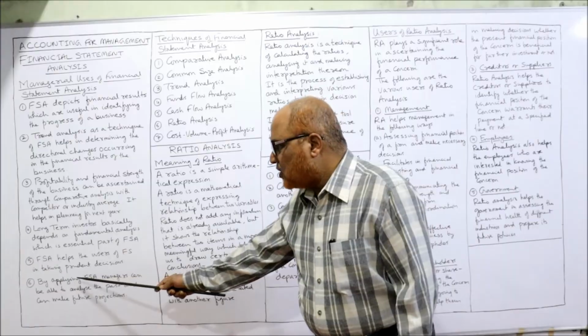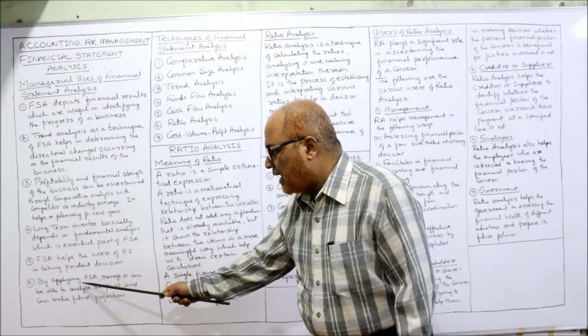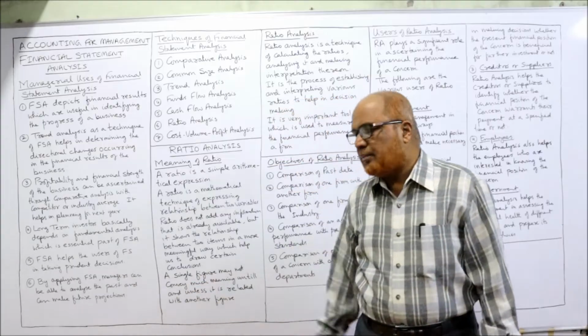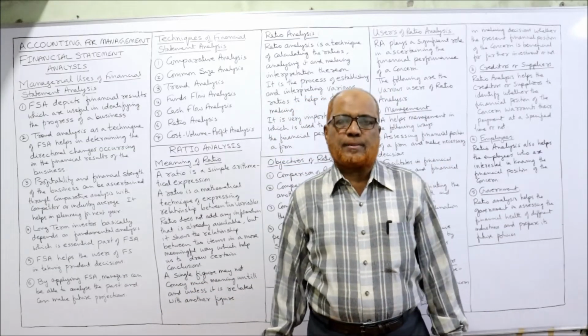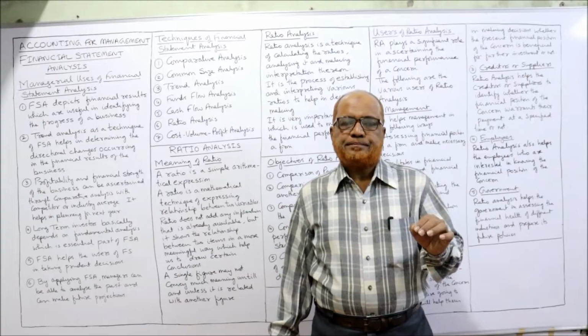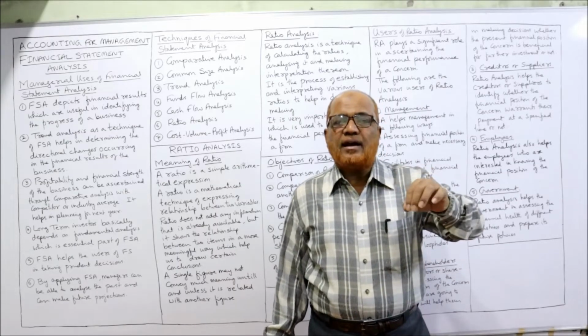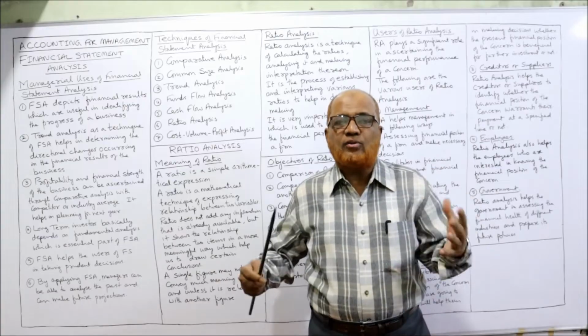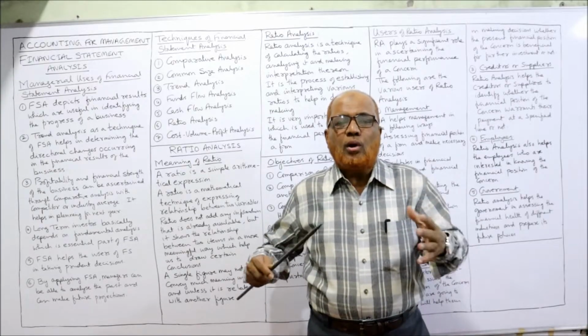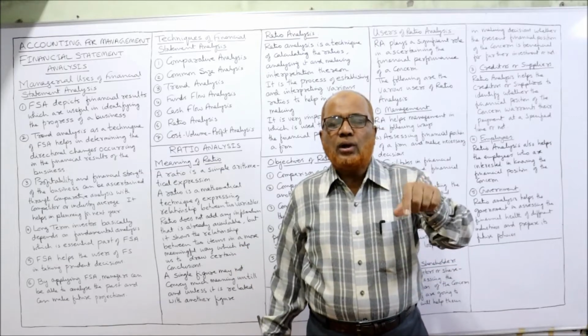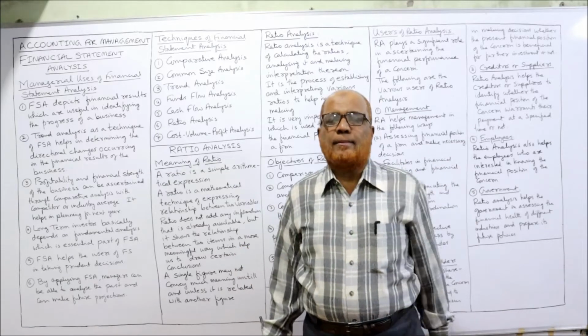Next one is financial statement planning. By applying financial statement analysis, managers can analyze the past and can make future projections. Planning is the first function of management. Planning means deciding about the future, what we have to do, how we want to do. All this future planning can be done only with the help of analyzing the past.